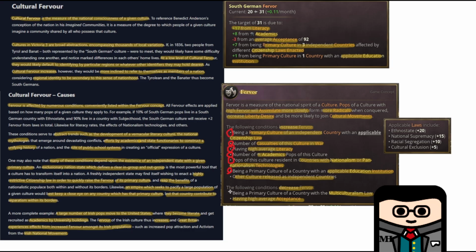But this nationalist fervor can also decrease if a population is feeling accepted in the country it is in. If you are feeling completely accepted, not discriminated against, you will not feel a fervor to suddenly rise up and demand your own nations, to secede, to rebel, and so on and so forth.